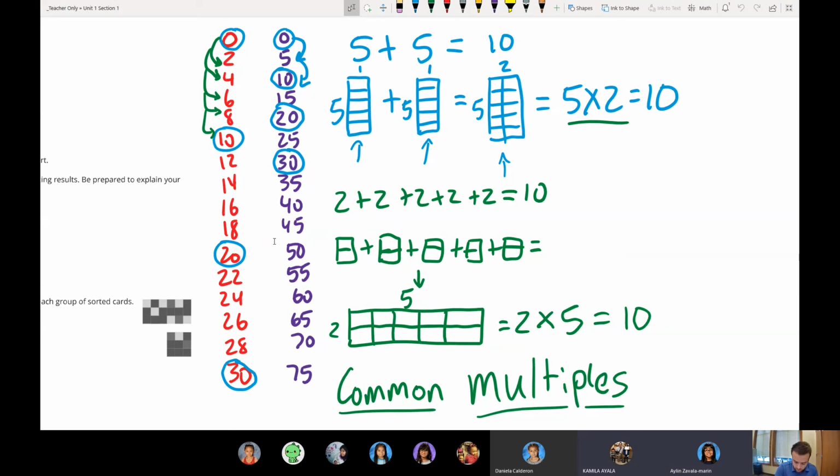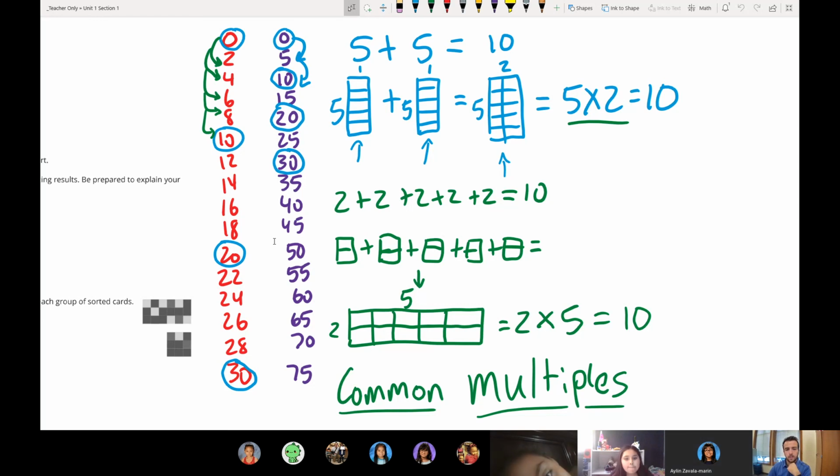So 5 times 1 up here. Is 5 a multiple of 2? Can we multiply 2 by something to get to 5? No, we don't get a whole number. We can't multiply 2 by a whole number like 1, 2, 3, 4, 5 to get us to 5. So unfortunately, 5 isn't a common multiple.